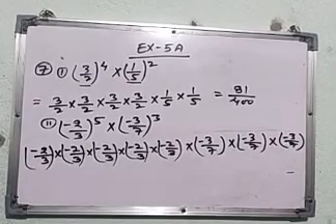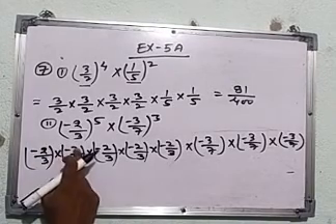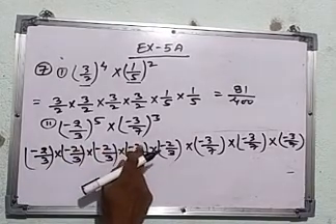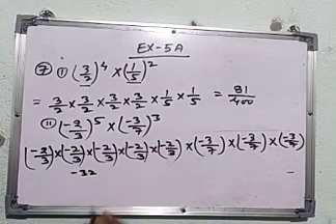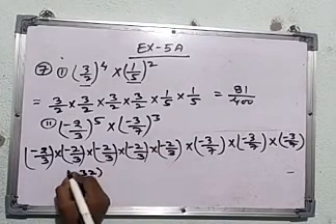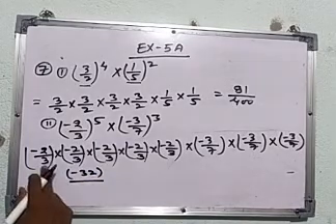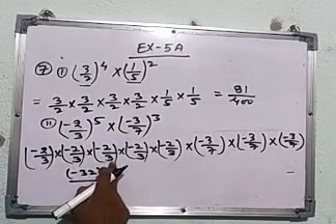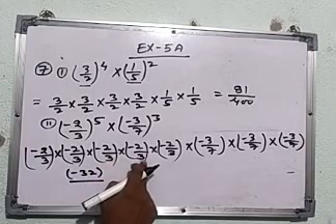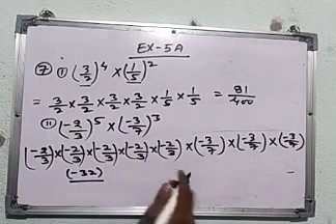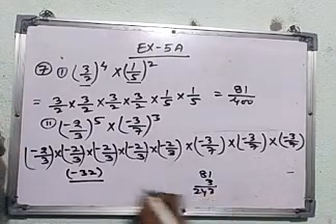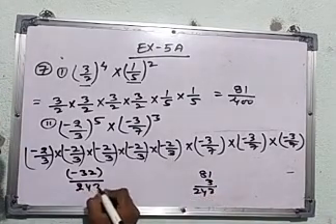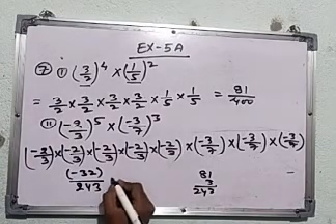Now you multiply: 2 twos are 4, 4 twos are 8, 8 twos are 16, 16 twos are 32. So you write minus 32 by 3 threes are 9, 9 threes are 27, 27 threes are 81, 81 threes are 243.